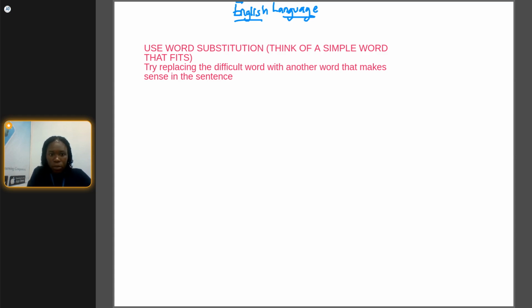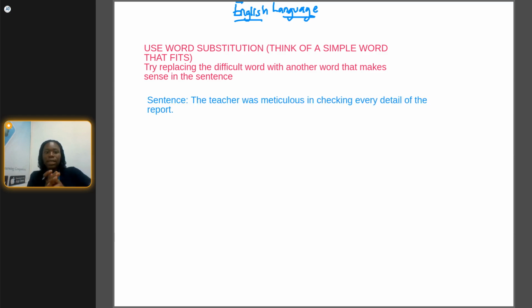All right. So, here is the example that we have. I'm trying to have that on the board so that we can all see it. We're talking about the teacher being meticulous. So the sentence is: the teacher was meticulous in checking every detail of the report. So the word is meticulous.